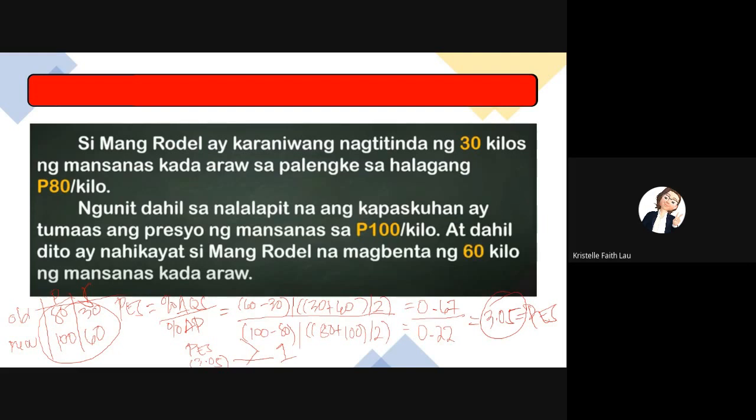So our interpretation here is that as you can remember kanina sa aking explanation, if ang PES is greater than 1, it means ang supply natin is elastic. So, again, elastic siya if ang porsyento sa pagbago sa quantity supply kay mas taas versus sa porsyento sa pagbago sa tuwang presyo.